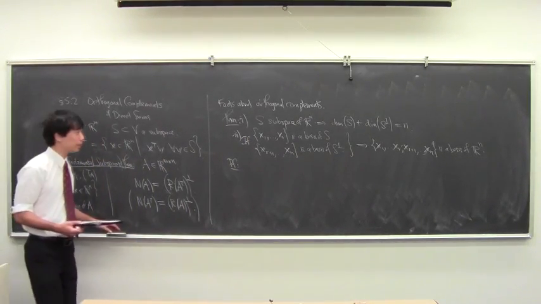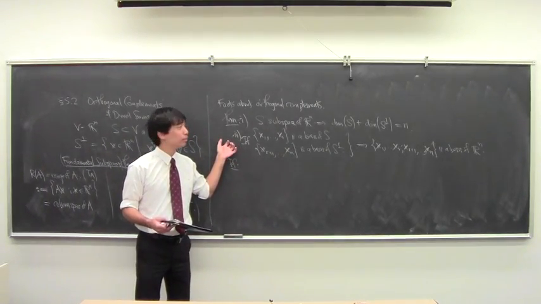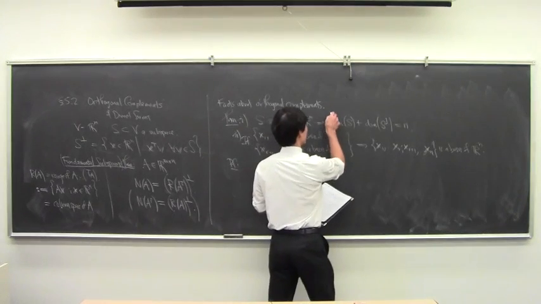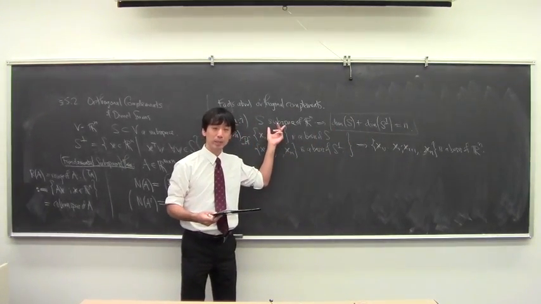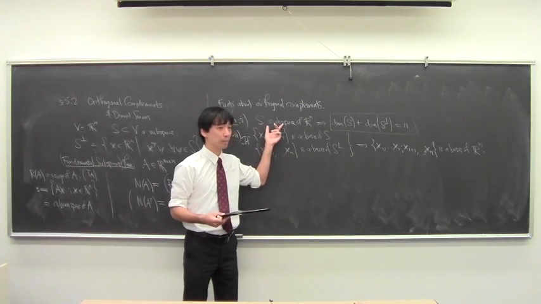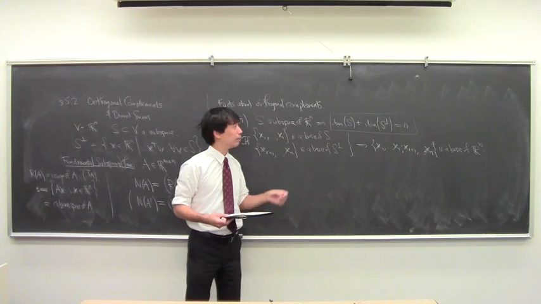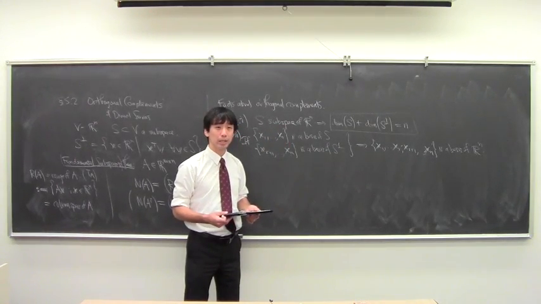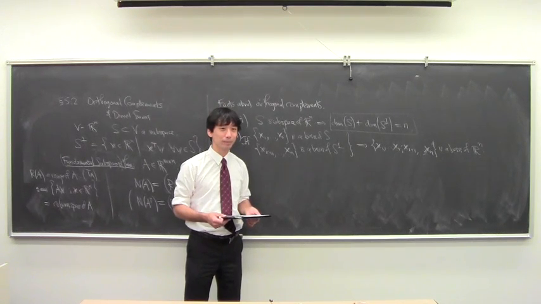Okay. Anyone have some idea of what to do? First off, we're trying to show that if you have some subspace, then the dimension of the subspace plus the dimension of the orthogonal complement is going to equal the dimension of the whole space. So what theorem does this remind you of? Does any theorem sort of spring to mind?